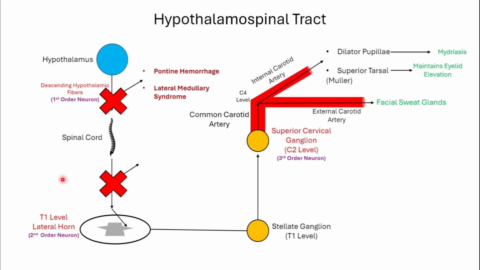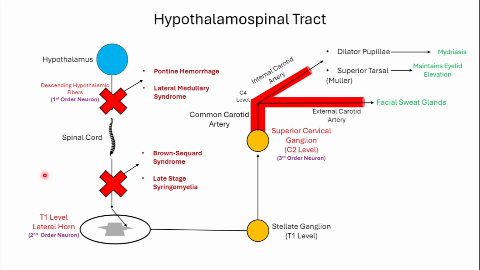Examples are Brown-Séquard syndrome, which is a lesion in half of the spinal cord due to a compressing tumor or trauma, for example, or a late-stage syringomyelia, which is a cystic dilatation of the spinal cord, and we briefly mentioned the syringomyelia in the anterior neural tube defect lecture, so you might want to check that out if you haven't.